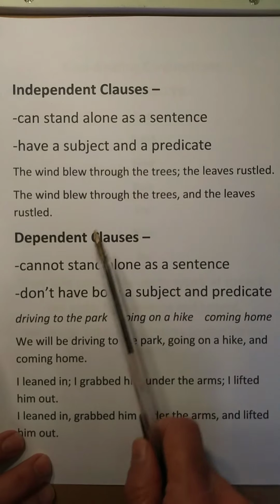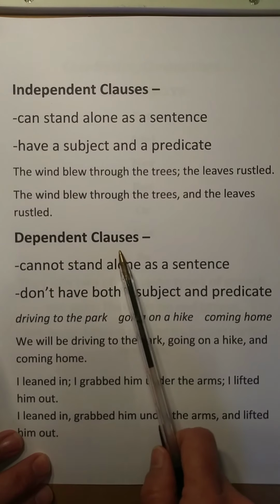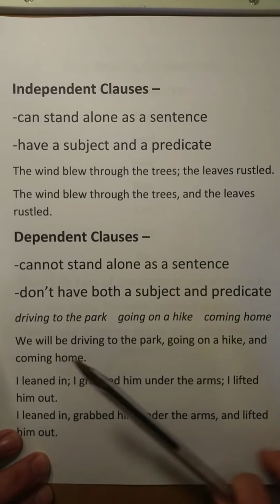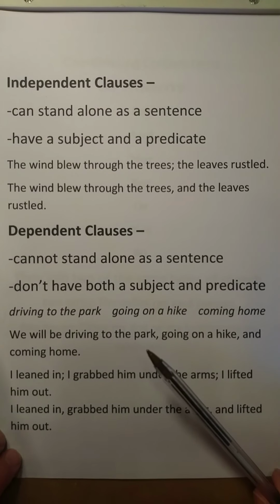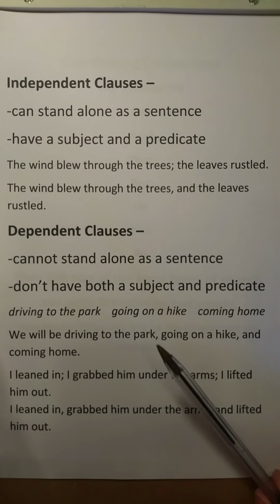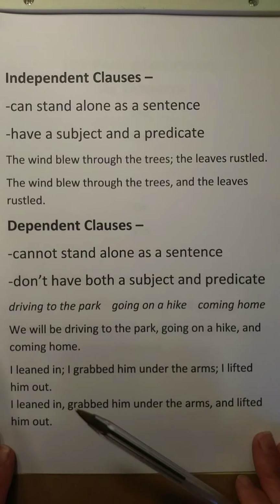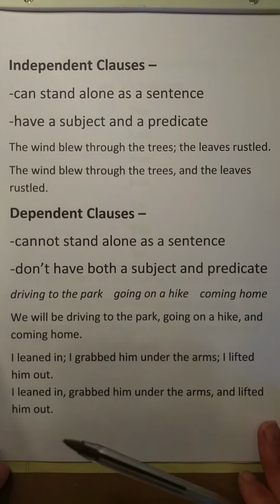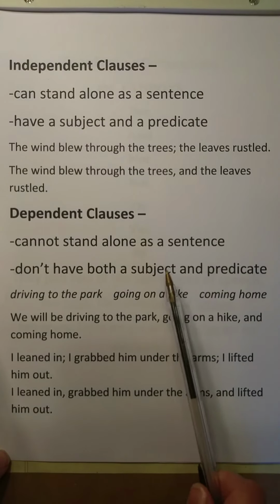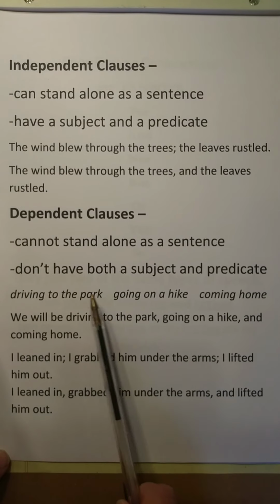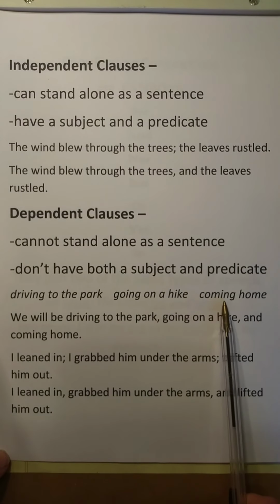Now, a dependent clause cannot stand alone as a sentence, and it doesn't have both a subject and a predicate. It might have a subject, but not a predicate. It might have a predicate, but not a subject. So dependent clauses are joined by commas, as you can see here. These are some dependent clauses: driving to the park, going on a hike, coming home.